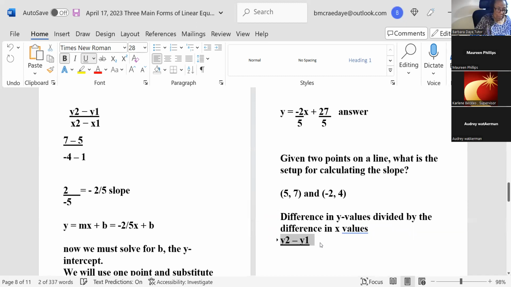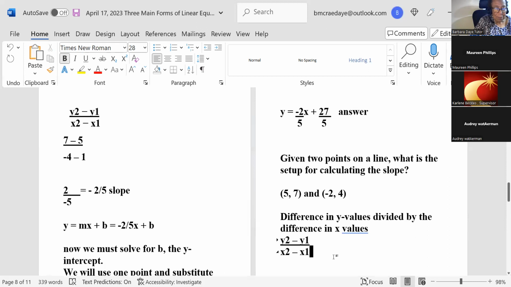So let me just underline, and let me put my x2 minus x1. Now, I just want you to give me a setup for those two. So what would be your y2? What would be your y1? What would be your x2? What would be your x1?